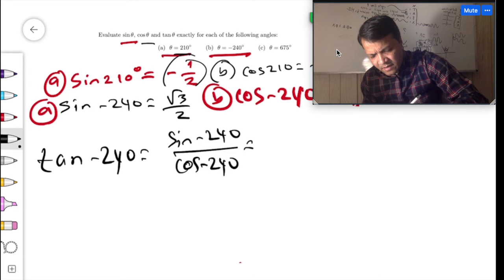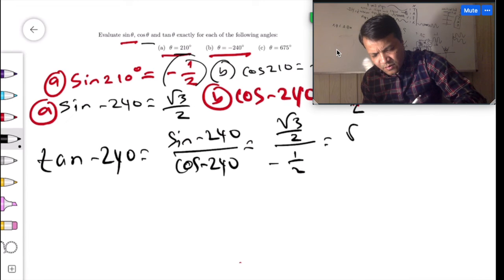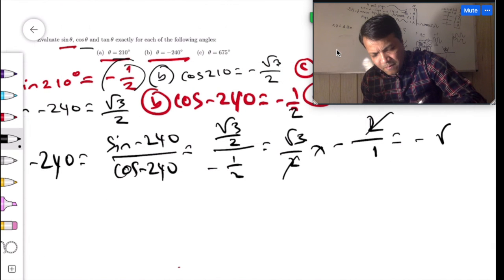Sine negative 240 is square root of 3 over 2 and cosine negative 240 is negative 1 over 2, which is square root of 3 over 2 times negative 2 over 1. So the 2s cancel, so the answer is negative square root of 3. So tangent negative 240 is negative square root of 3.